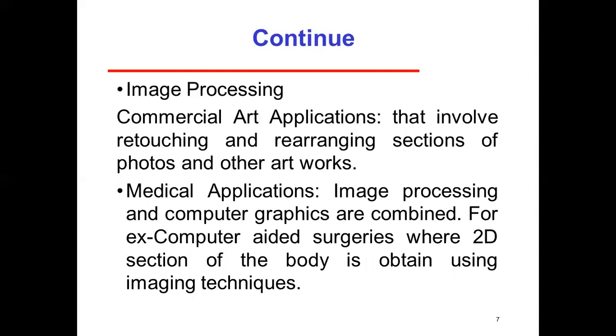Another application of computer graphics is image processing. You are already aware that whenever you see a number of advertisements on television, there is a superposition system. That is, there are a number of images which are superimposed, or we do some image processing, so that the shape of the image changes ultimately to the final one which we want to get.